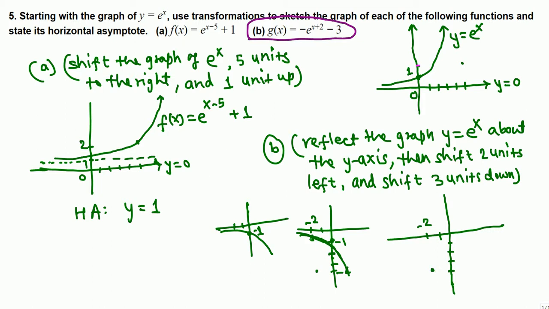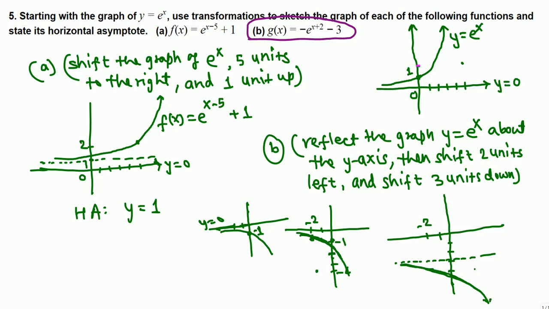Initially the horizontal asymptote is the x-axis, y equals 0. Same thing, y equals 0. Now it's shifted 3 down, so y equals negative 3, and this will be the horizontal asymptote. This graph will be something like this.